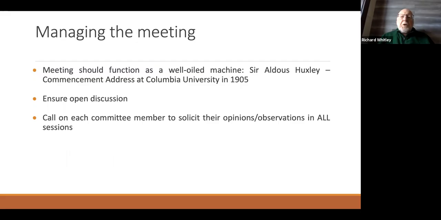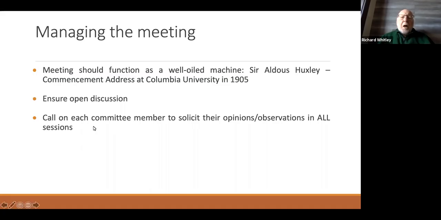The meeting should function as a well-oiled machine, and it reminds me of Sir Aldous Huxley's commencement address at Columbia University in 1905, when he talked about the learning of individuals as being a well-oiled machine. Just as this Data Safety and Monitoring Board, or all of them, should function as a well-oiled machine. The meeting has to ensure open discussion.